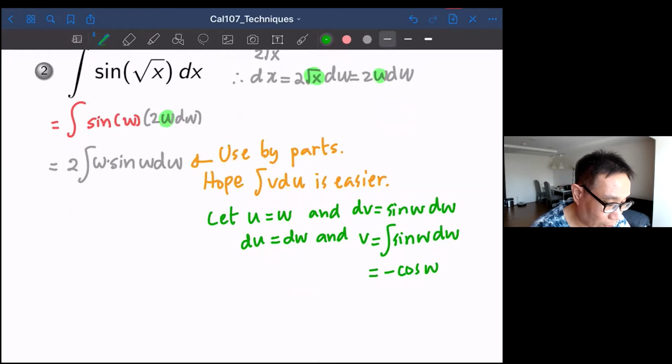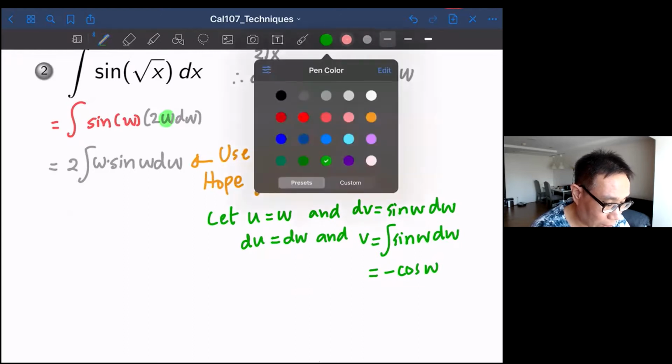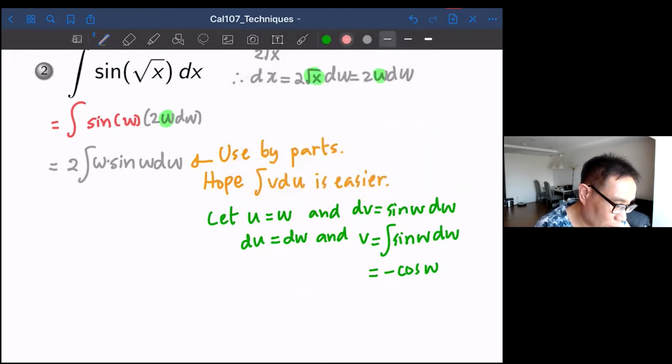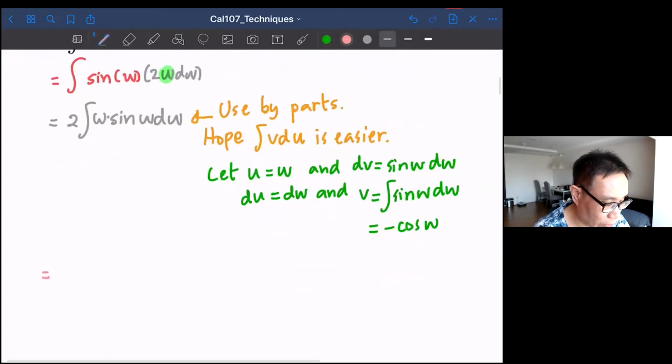So when you use by parts, you see dv equal to this and v equal to this. Let me write this down.